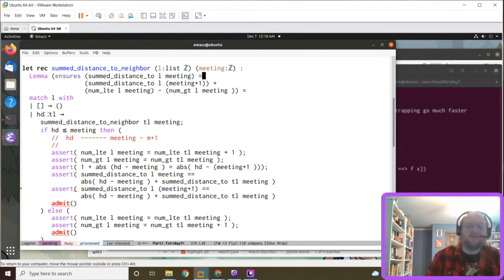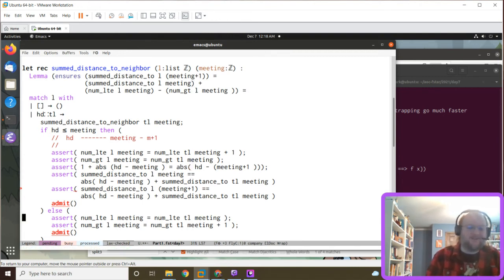So I want to say if we increase by 1, then it's the same as taking the old value, and everything less than or equal to that gets worse, and everything strictly greater than that gets better. All right.